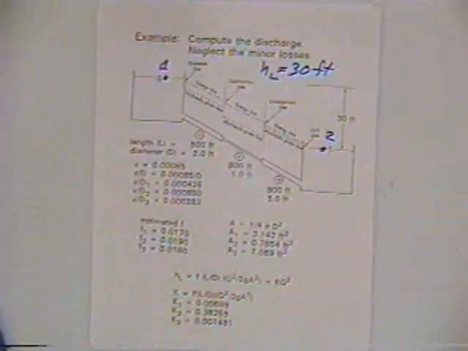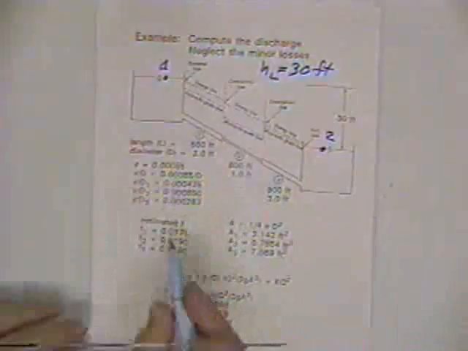So we know the total head loss based on the energy equation is going to be 30 feet again. We're going to neglect minor losses again to simplify the problem and use Darcy-Weisbach to estimate the frictional resistance losses in each of the three pipes.